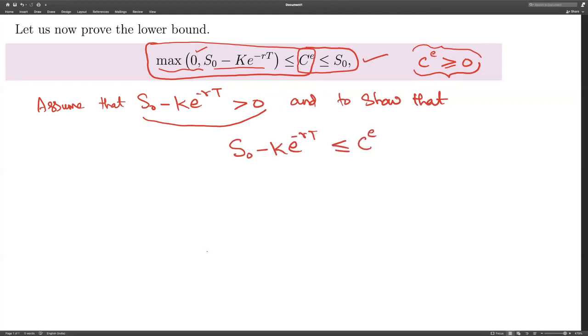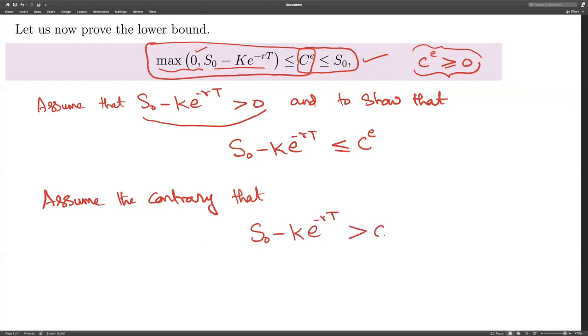This is what we have to show. Again, as usual, we will assume the contrary: S0 minus K e power minus RT is strictly greater than CE. And we have to arrive at a contradiction by showing that this will lead to an arbitrage portfolio. That is the usual idea that we have been using to prove many theorems now.